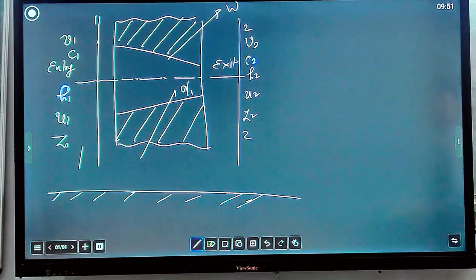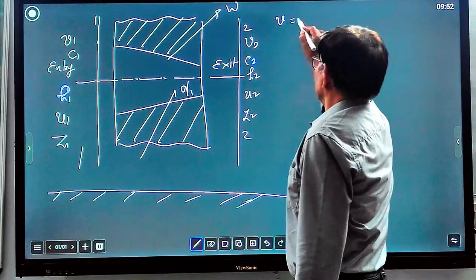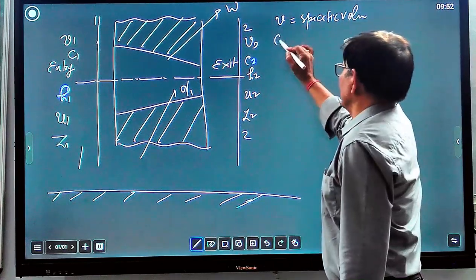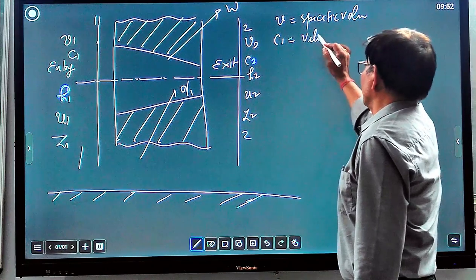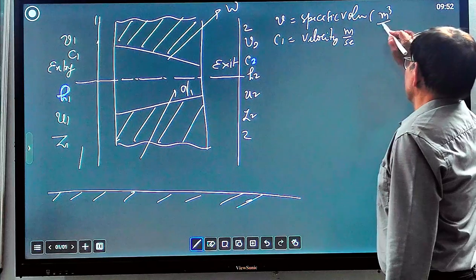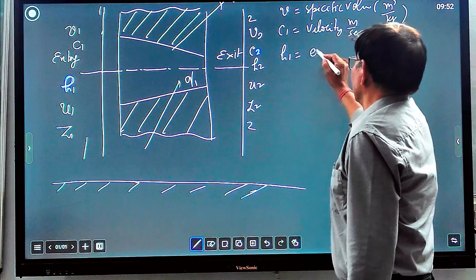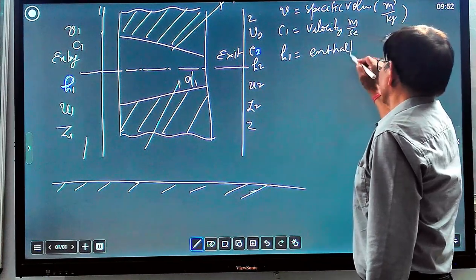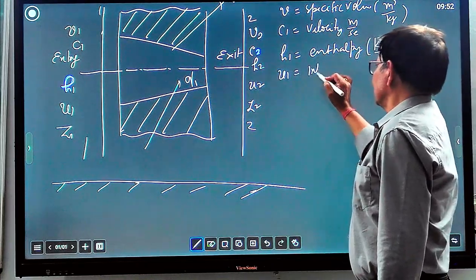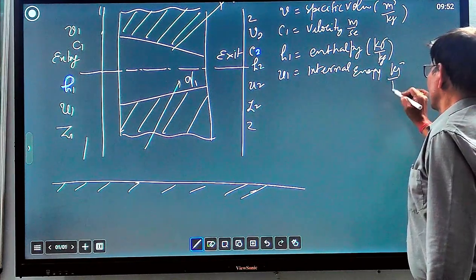These are the inlet conditions. V1 is the specific volume, in meter cube per kg. C1 is the velocity of steam, in meter per second. H1 is the enthalpy at entry, which means total heat, in kilojoule per kg, and U1 is the internal energy, in kilojoule per kg.